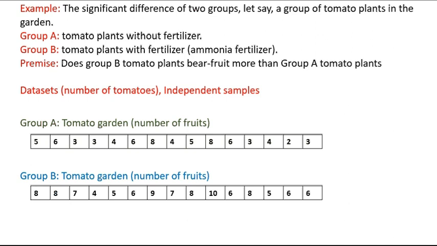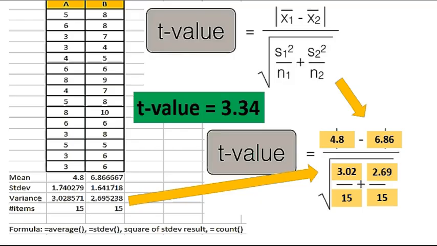Once we have collected the data, we will compute the t-value using the formula. First, we have to average the data set. Using a spreadsheet, you can easily do that with the AVERAGE function, not mean.